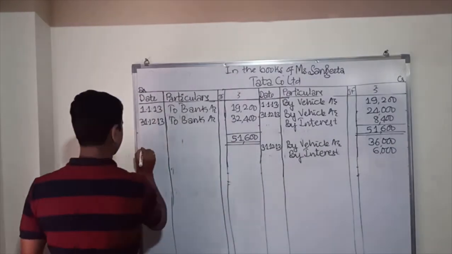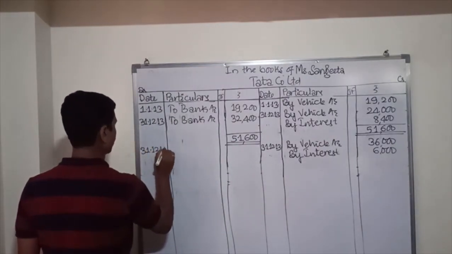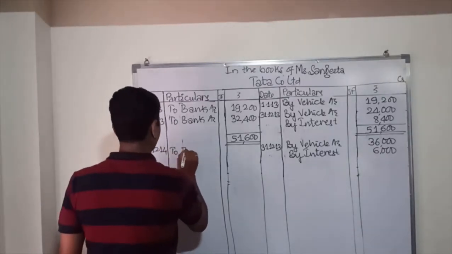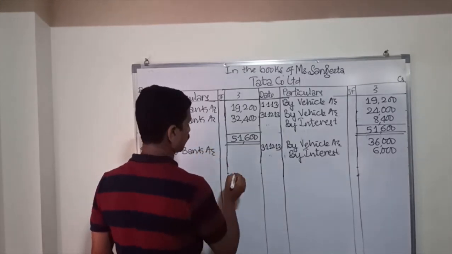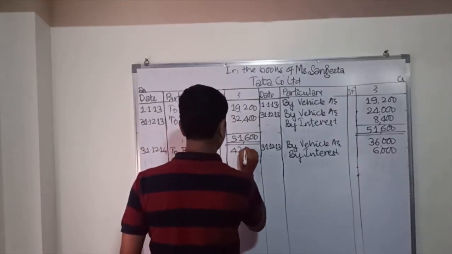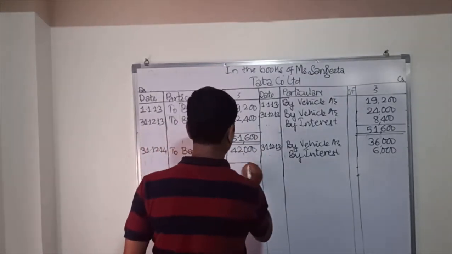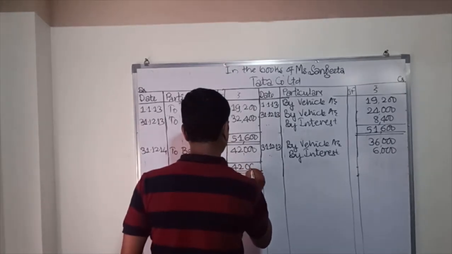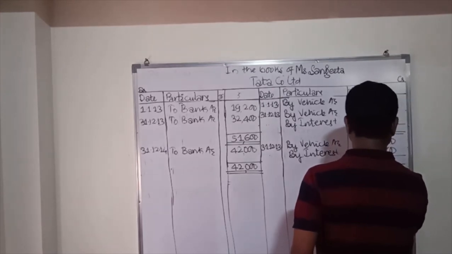Then when the second installment is paid on 31st/12/2014, then the entry will be Tata Company account debit to bank account. So 42,000, which is also given in the problem as 42,000 only. So here also 42,000.